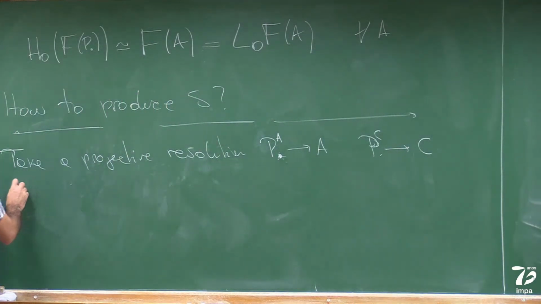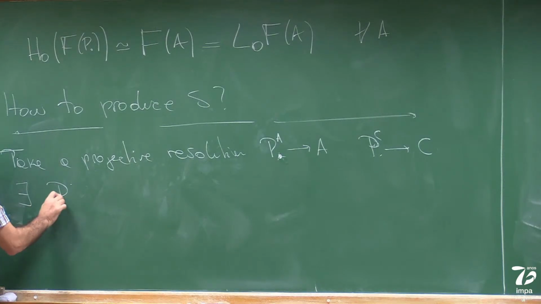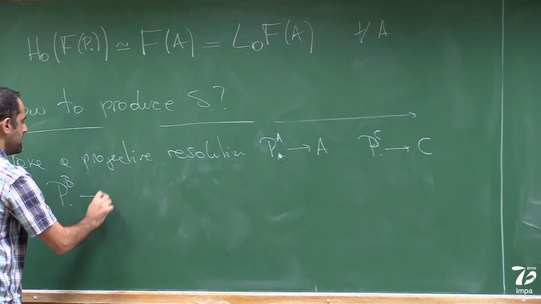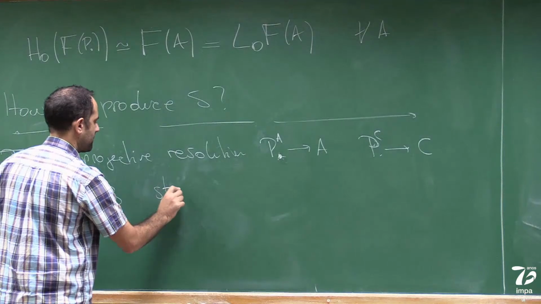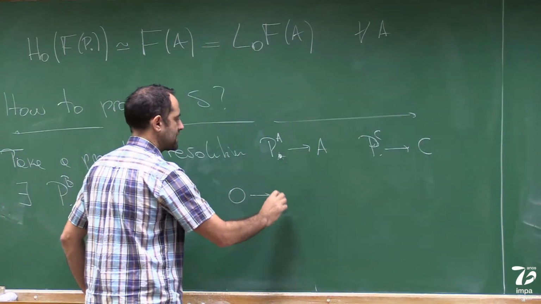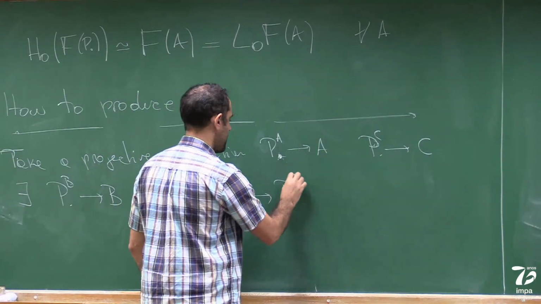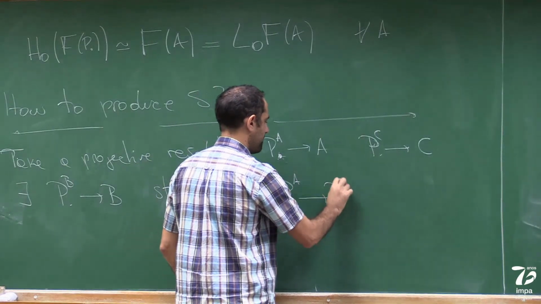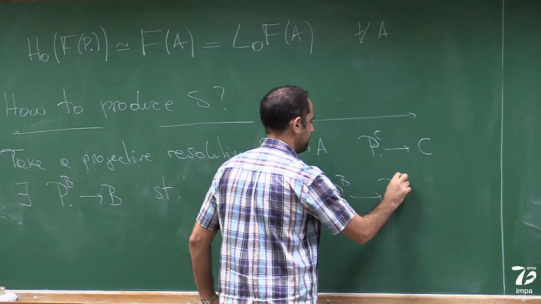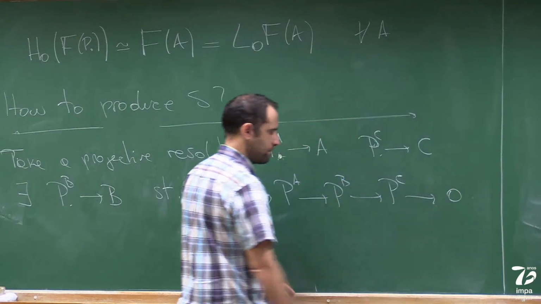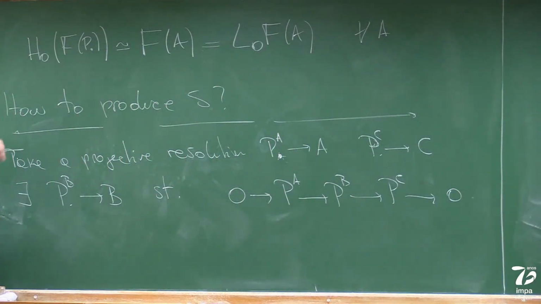Then there exists a projective resolution P_B of B such that we have a short exact sequence P_A, P_B, P_C in chains.